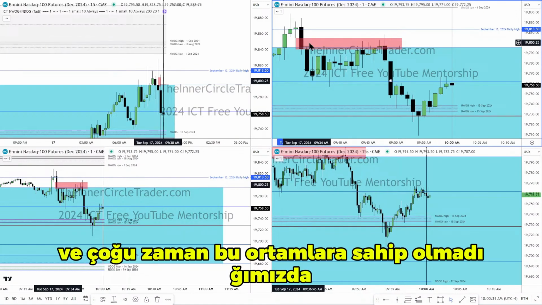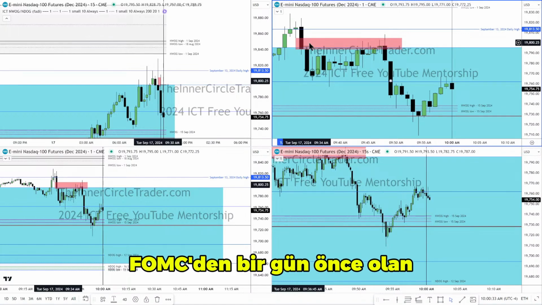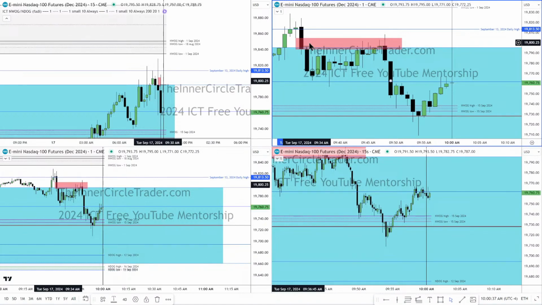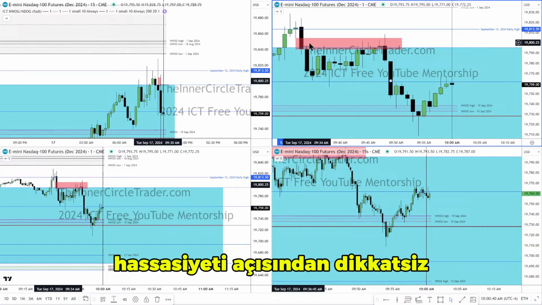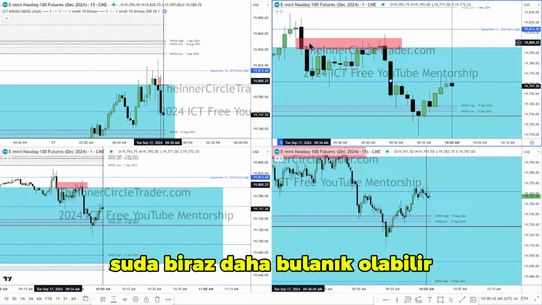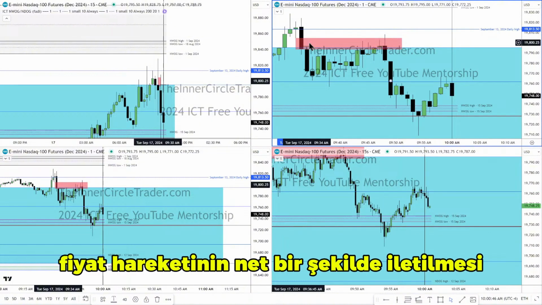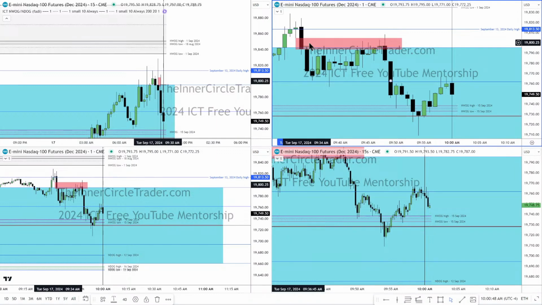And many times when we don't have these environments, which is the day before FOMC, it can be a little bit more careless in terms of its precision. It can be a little bit muddier in the water. So you won't see really crisp delivery of price action.